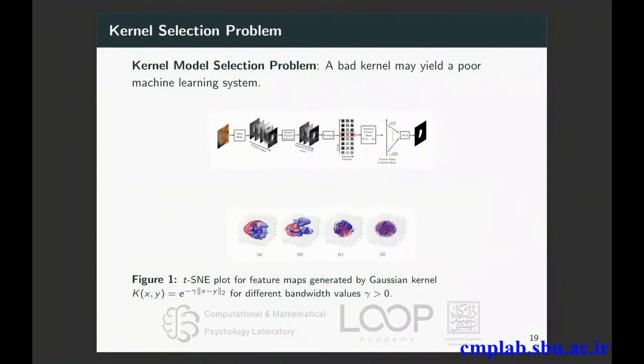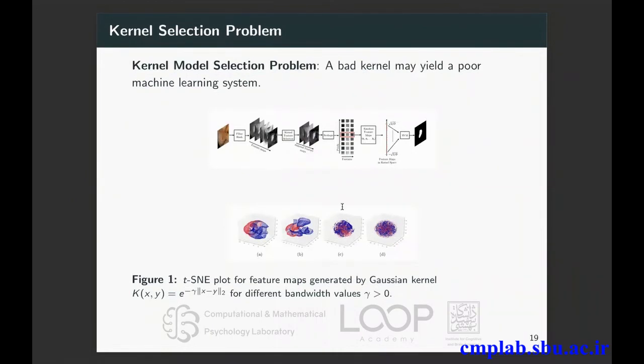And here I'm showing the TSNE plot. A TSNE plot is basically a way of presenting high dimensional data in 2D. And here I'm using a Gaussian kernel, and this Gaussian kernel has a parameter called bandwidth. As you can see, if I choose a wrong bandwidth, it's very difficult to discriminate the blue and red regions. Here, the blue and red regions correspond to different pixels of this image.